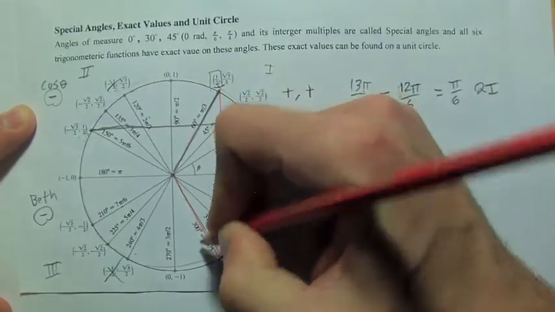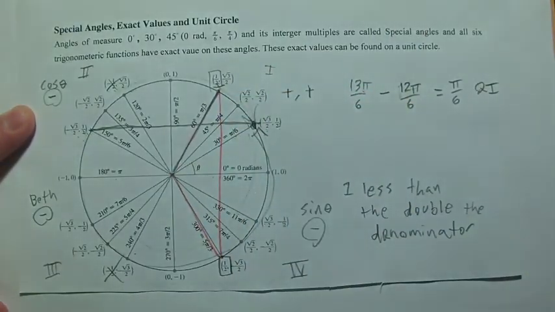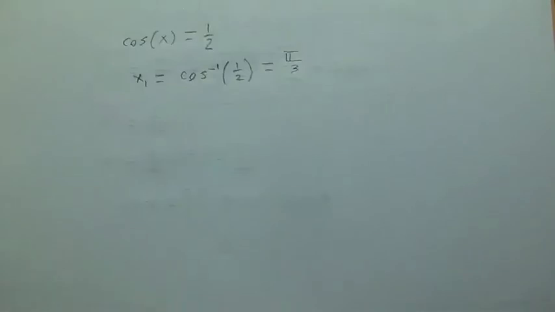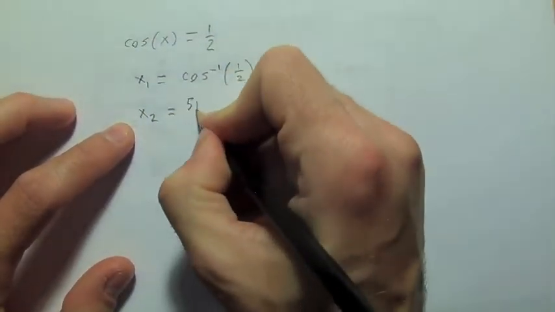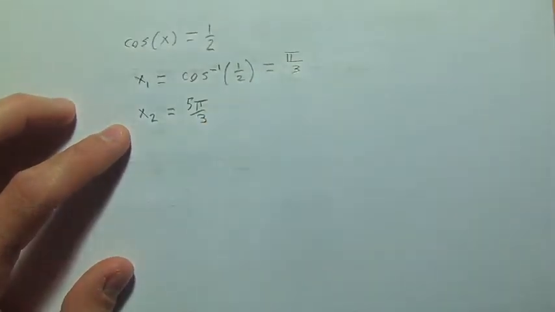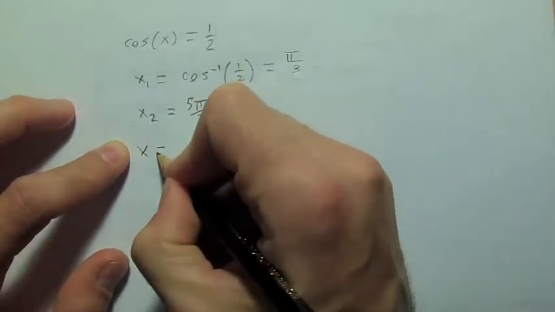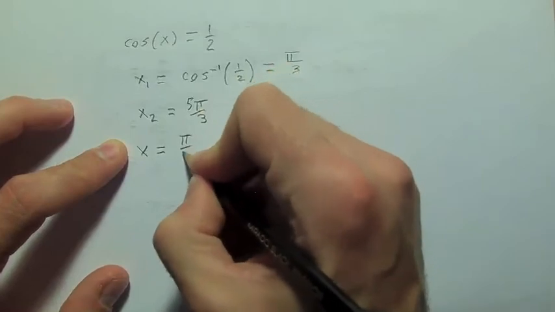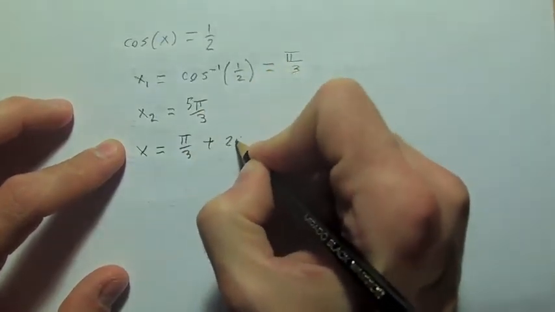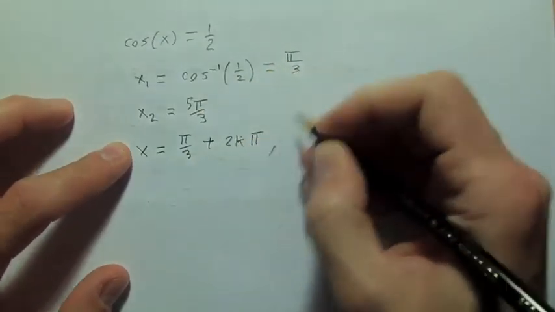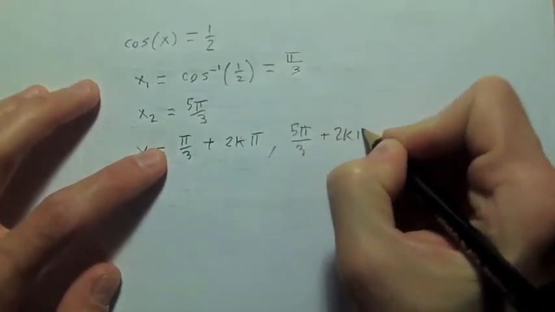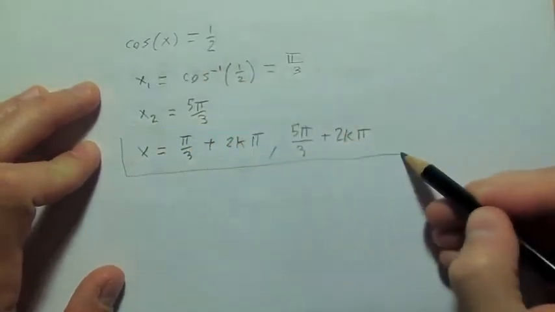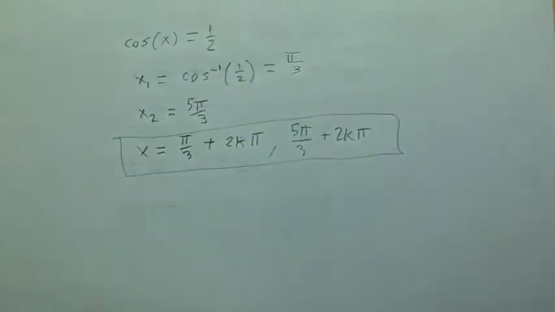So x2 is going to be 5 pi over 3. So the actual full solution is pi over 3 plus 2k pi and 5 pi over 3 plus 2k pi. In other words, just those two possible angles and plus any rotation you might want.